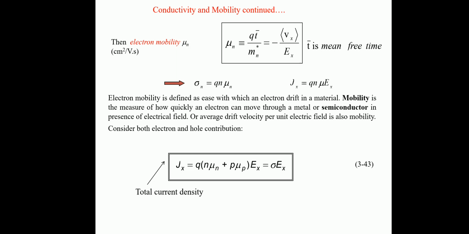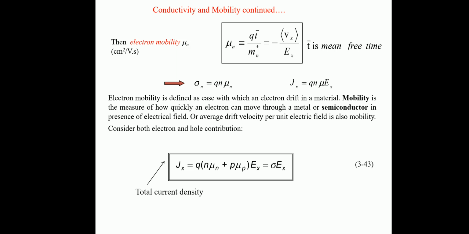That is Ohm's law. The mobility of electrons is mu n, q tau by mn star, and the mobility of holes is mu p, q tau by mp star, with unit centimeter square per volt second.